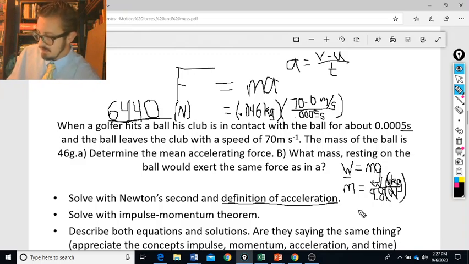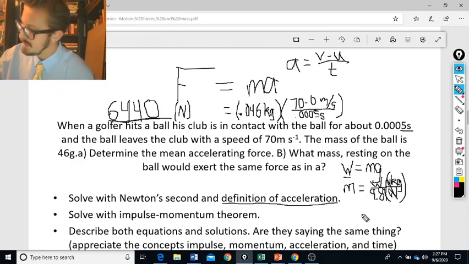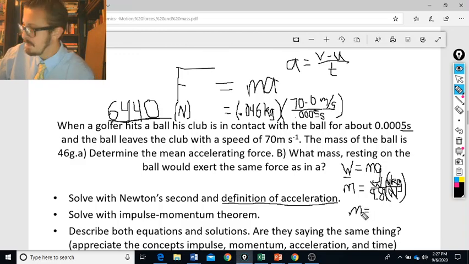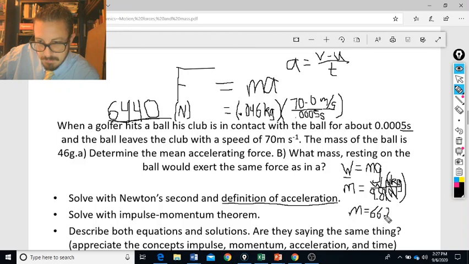So 6,440 divided by 9.81 newtons per kilogram gives us 656 kilograms would be the mass that you would need to equal that much force. Which we could round up to 660. That's a lot of kilograms.